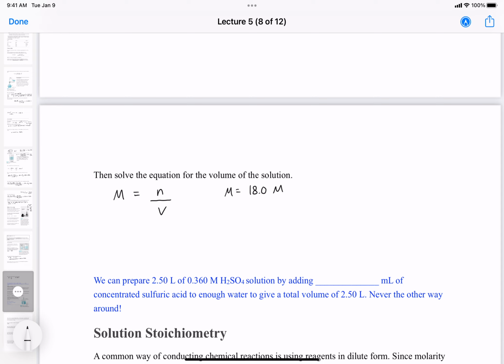And then the amount of moles we want in our final solution is 0.90 moles, right? We just figured that out in the previous step.